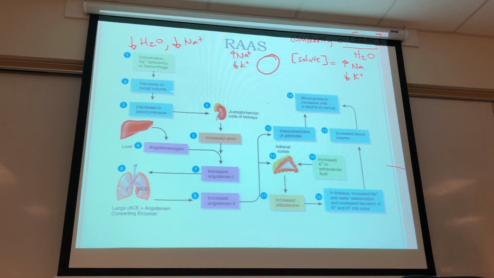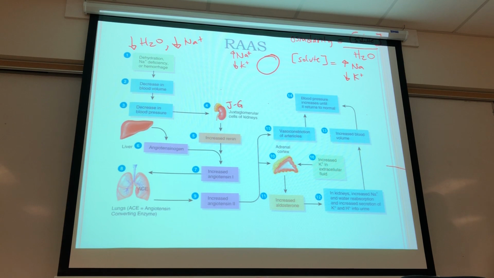Now, the decrease in blood volume or the decrease in blood pressure, think about when you lose a good amount of blood, you're losing both. And so the area that detects blood pressure that's involved in the RAS system is the juxtaglomerular cells, something we'll talk about in our urinary lecture, called our JG cells.